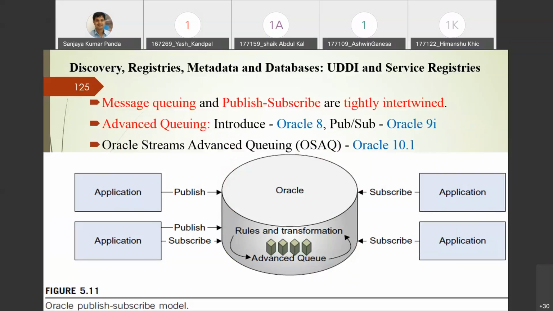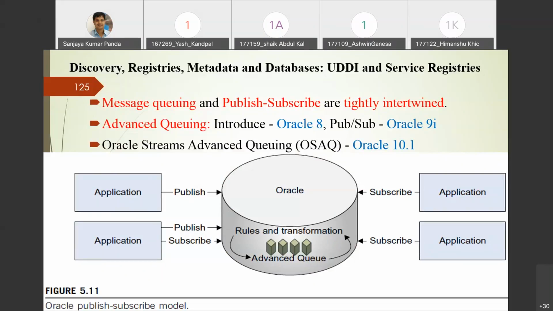Now let us see the Oracle PubSub model. You can see here the applications, where one application may be published by one party and another party wants to subscribe to it, just like our YouTube. I am publishing my lectures, and you are watching that lecture, right?